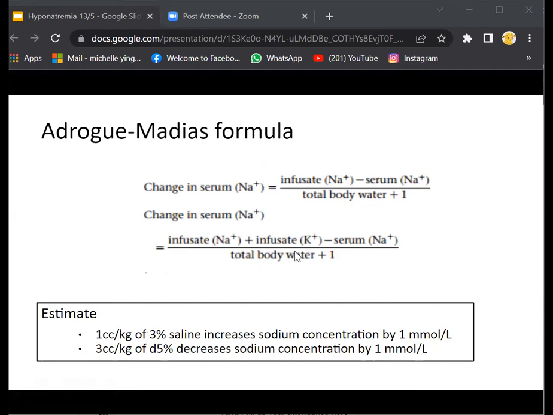You can also estimate that 1 cc per kg of 3% saline increases sodium concentration by around 1 millimole per liter, and 3 cc per kg of dextrose 5% decreases sodium concentration by 1 millimole per liter.